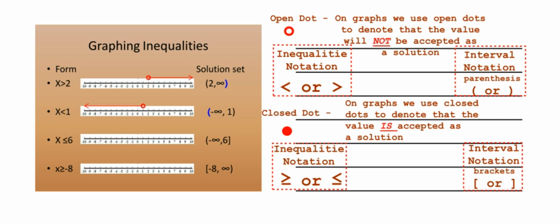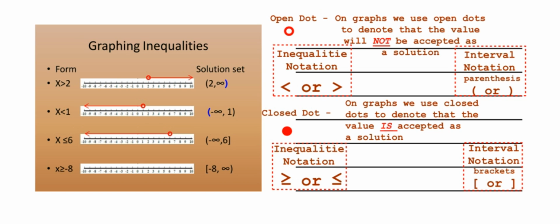Okay, so let's go for the ones that have an equal sign added to them. x is less than or equal to 6. Notice, in this case, we should draw a closed dot, agreed? So this should have been a closed dot. For this scenario, x is less than or equal to 6, so anything smaller would be acceptable as a solution.